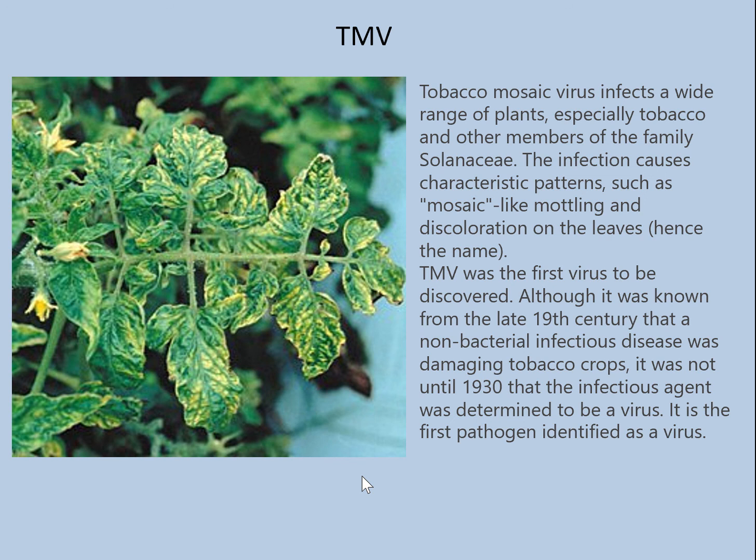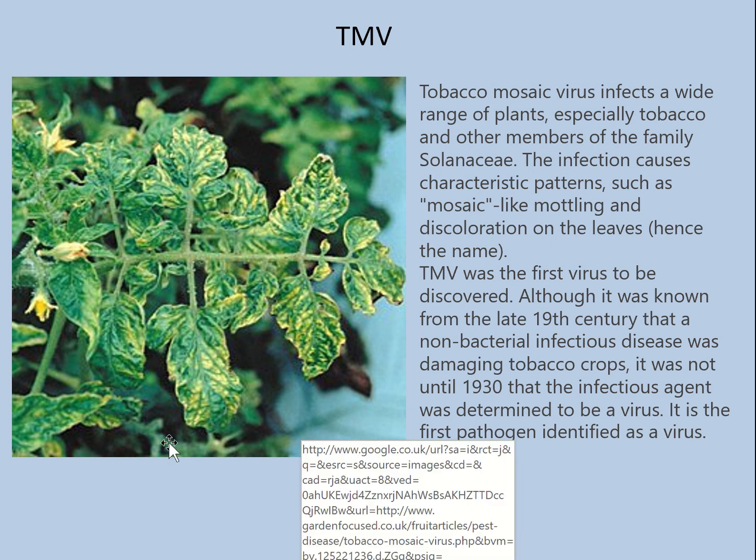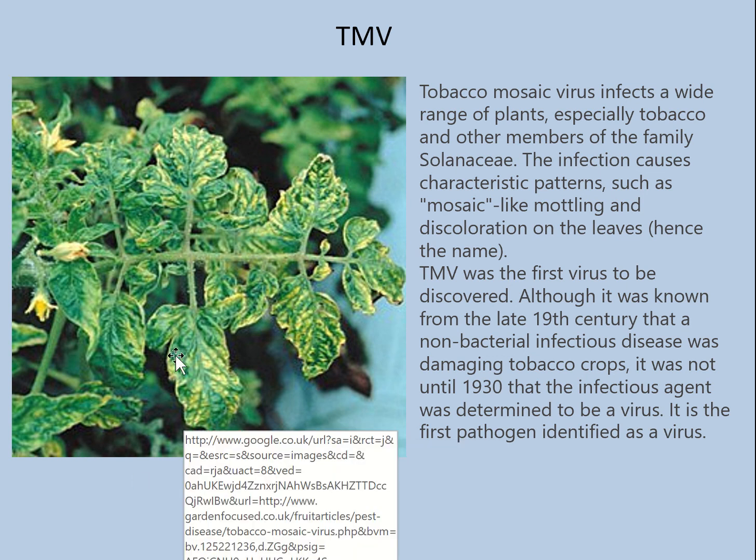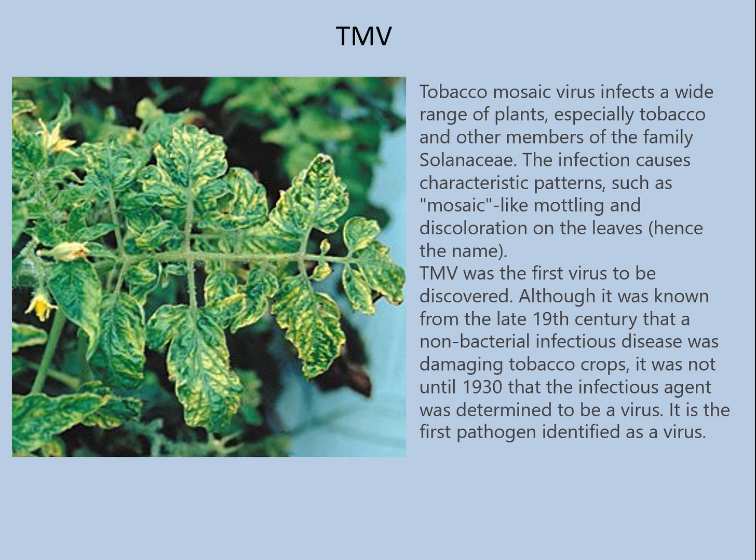They knew something non-bacterial was damaging the crops, but it was not until 1930 that the infectious agent was determined to be a virus. So first pathogen identified as a virus. So you need to know this one. So this is in plants, and it causes this mottling. So obviously it's going to affect photosynthesis because there's less green on that leaf.